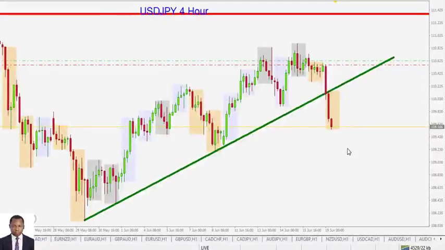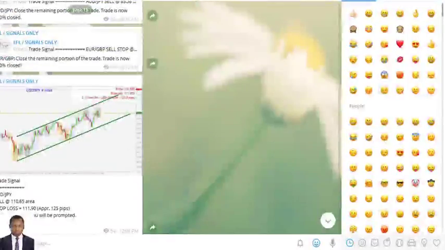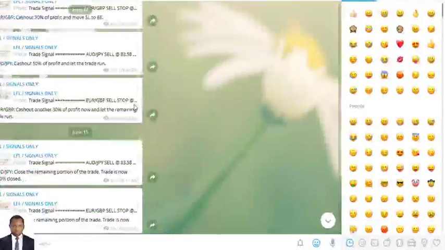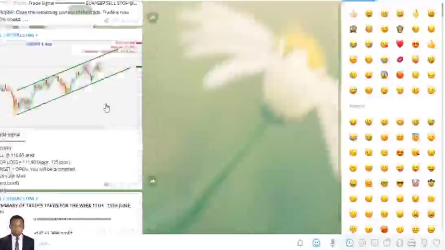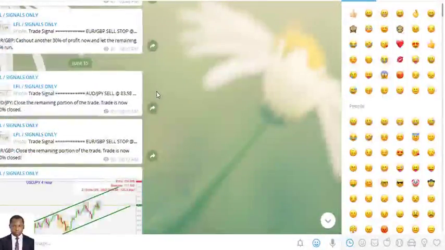When the entry comes, you are going to see them very clearly, and you will get that signal in the Telegram channel. That should be coming up if you are in the Telegram channel. Of course, you will be getting the signal right here. So just be a bit patient.